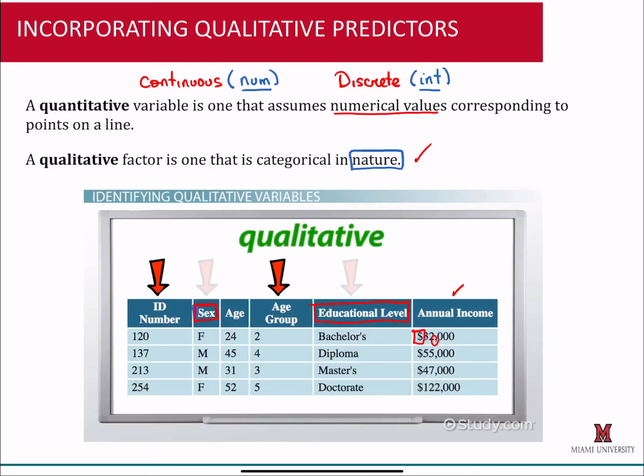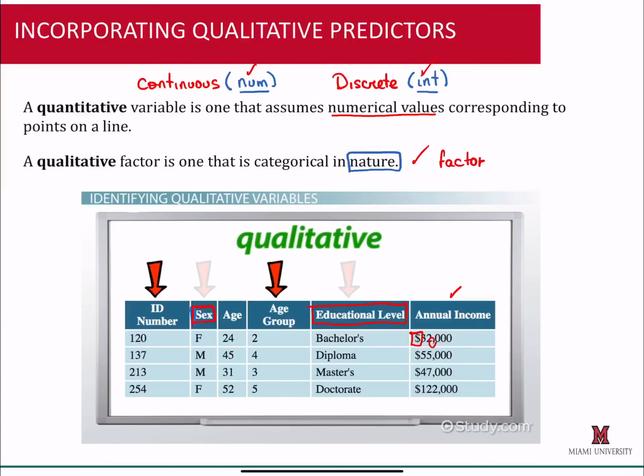So just going back in terms of representation in software, quantitative variables are either of class numeric or the integer class, and qualitative factors generally are assigned to the class factor in R. Okay, so we are mostly going to be taking a look at these main types of variables.